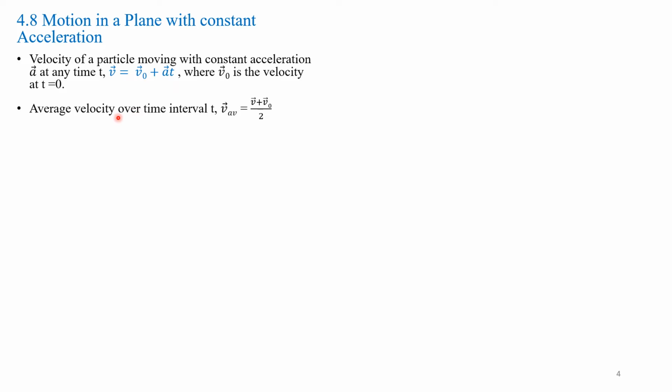Therefore, the average velocity over the time interval t is given by the relation V average equals initial velocity plus final velocity divided by 2, the average of the two velocities.